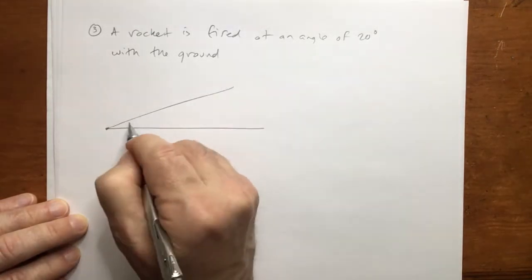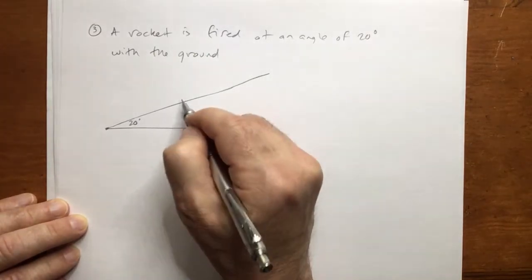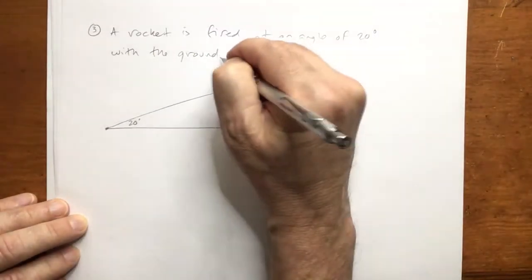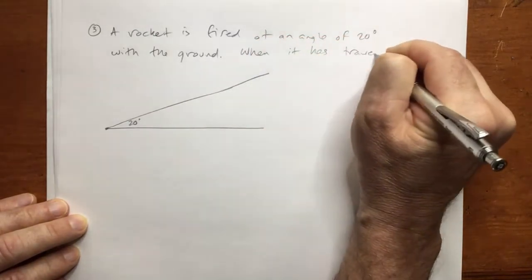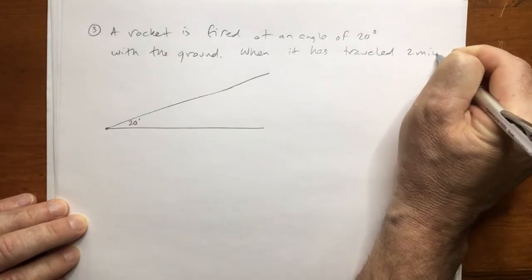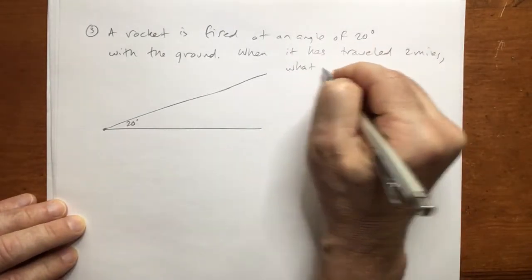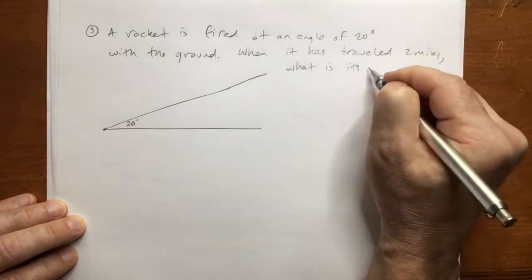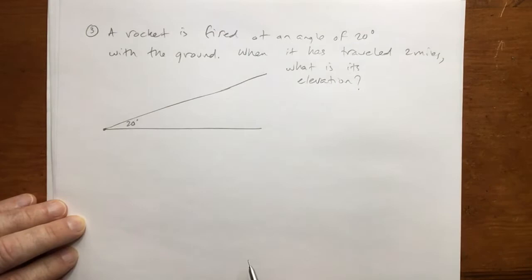It is fired at a 20-degree angle in that direction. Okay, and the question is, when it has traveled 2 miles, what is its elevation? So how high is it?